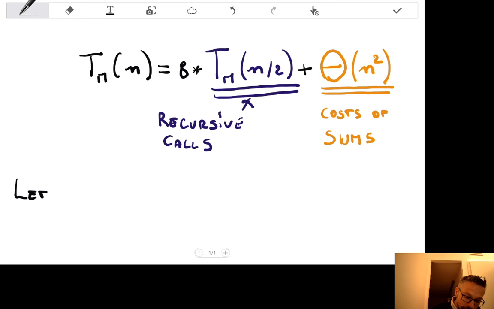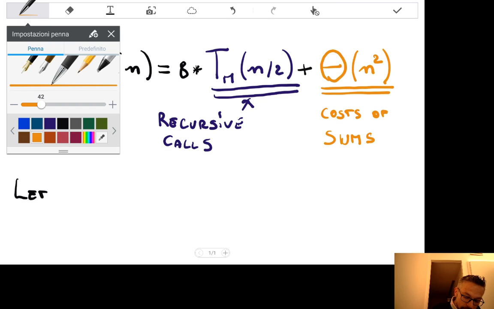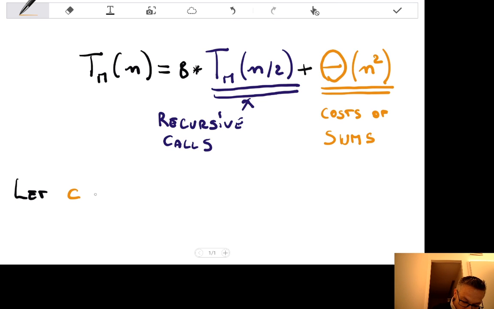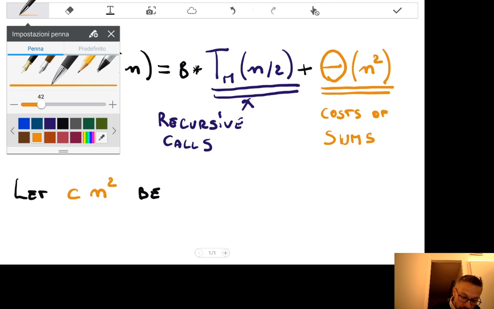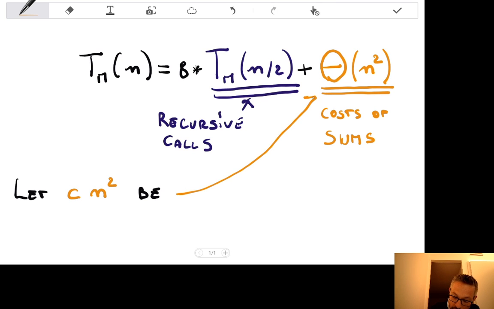So let C of n squared be the function defined by theta of n squared. So be this one. Okay? So in the equation I wrote by using the theta notation the cost of the sum.